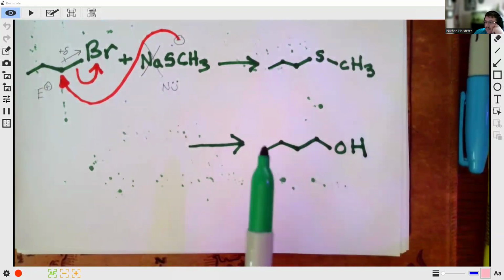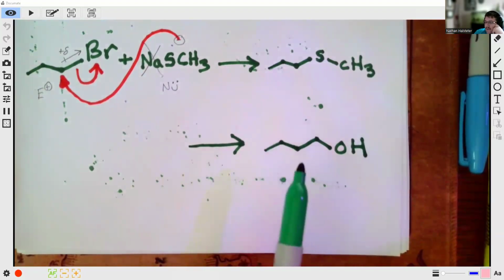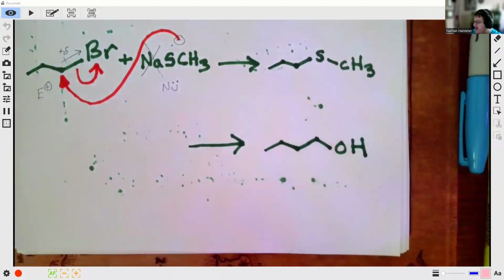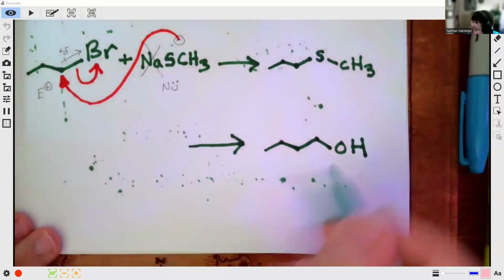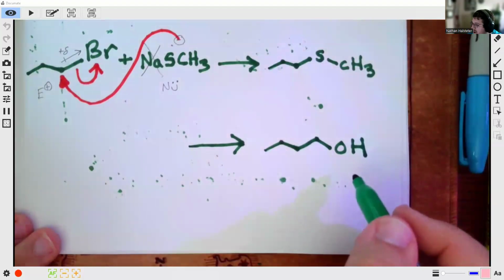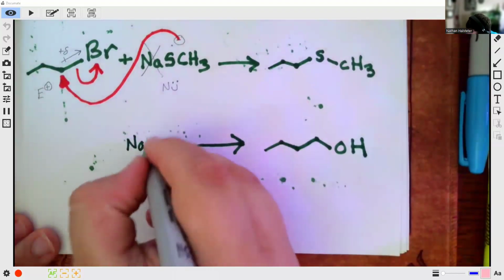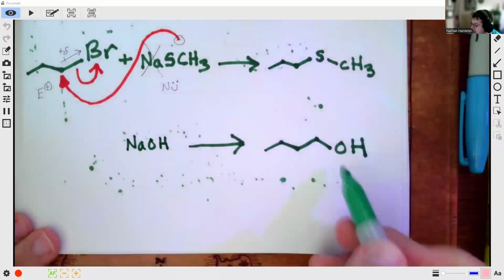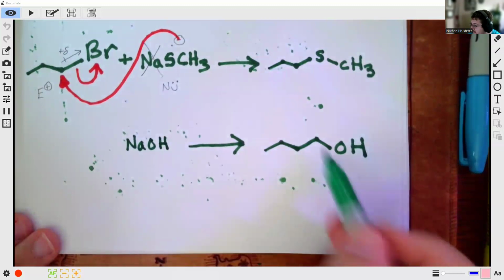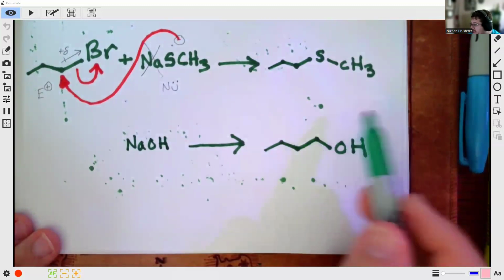So I see 1, 2, 3, 4 carbons. So on our starting side, we had to have 4 carbons. We end up with an OH, so that means our nucleophile was likely some sort of hydroxide. We likely use sodium hydroxide, because what we ended up with is an alcohol. A nucleophile would then come in and displace something else.